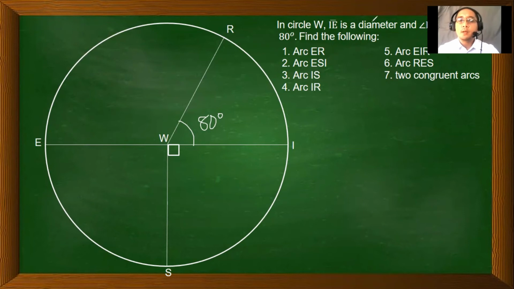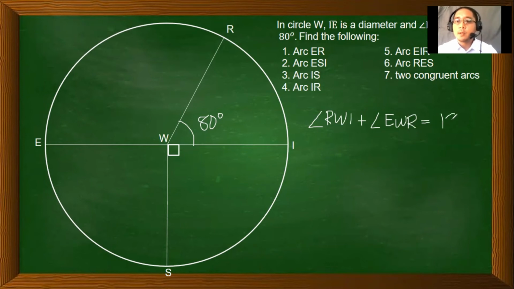Based on the given statement that line segment IE is a diameter, we can use the idea of a semicircle, which if we add angle RWI and the missing angle EWR, this is equivalent to an arc.